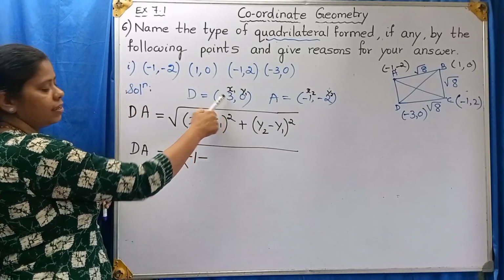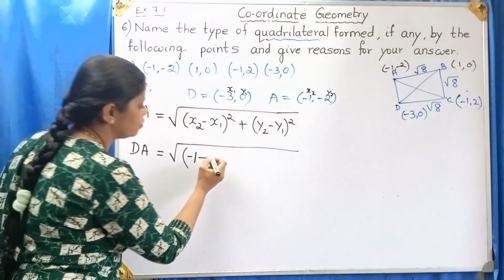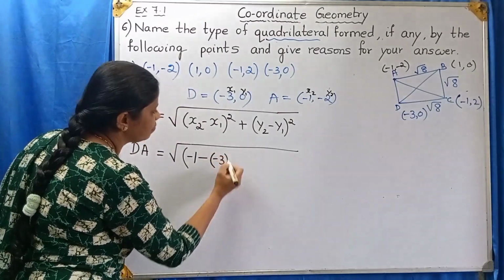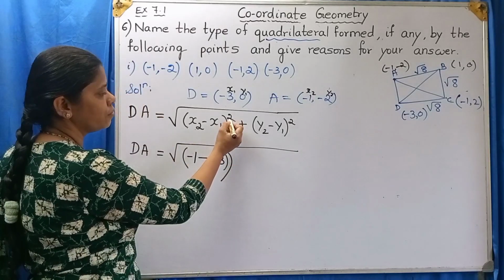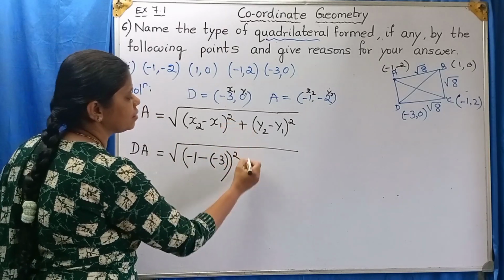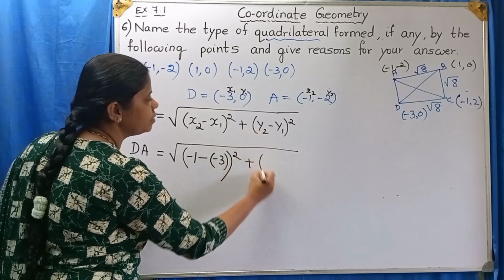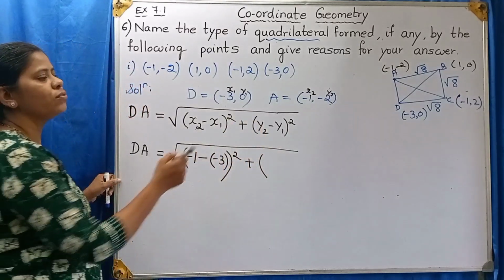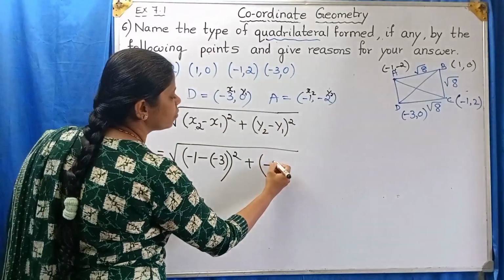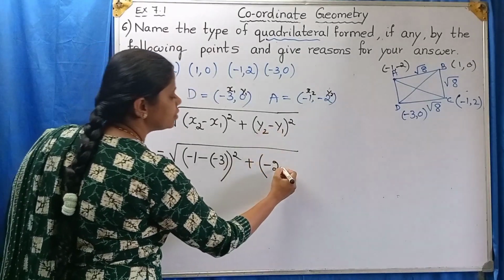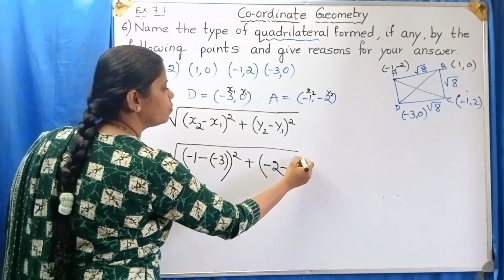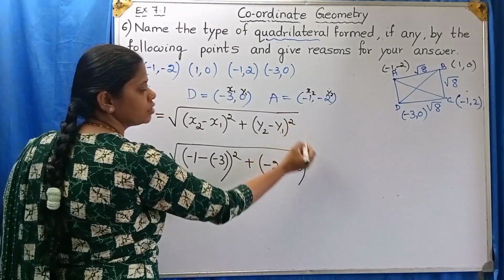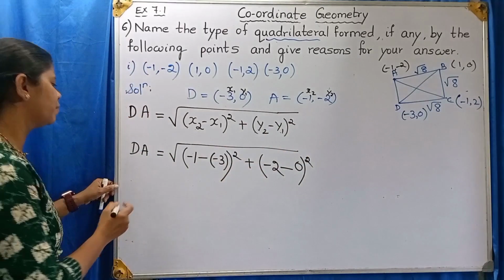That is minus 3. Let me take this in the bracket. Okay. Minus 3. Close the bracket, square, plus bracket open, y2. The value of y2 is minus 2. For this minus symbol let us write minus y1. The value of y1 is 0. Okay. Bracket close. For this square let us write square.